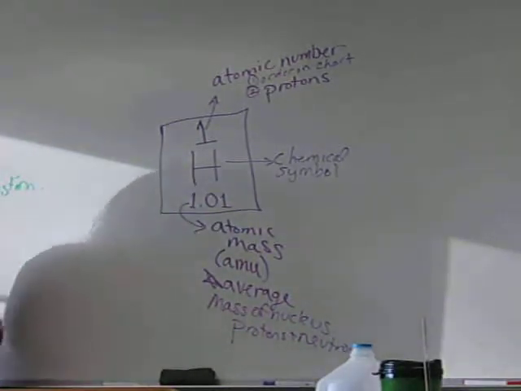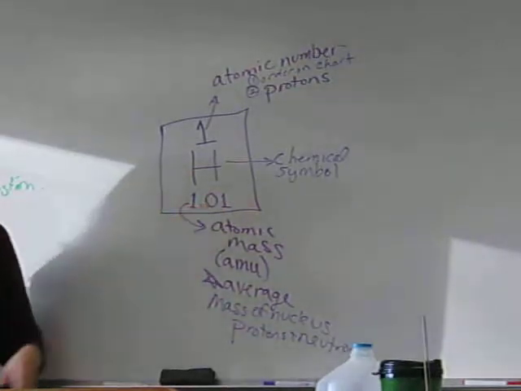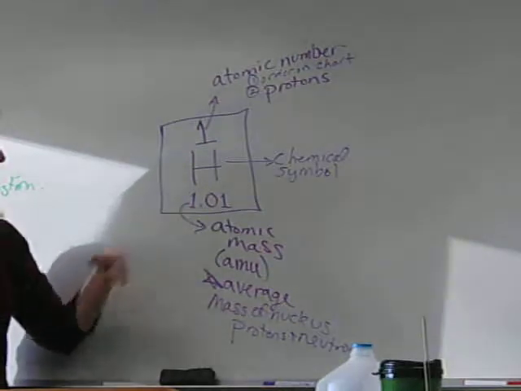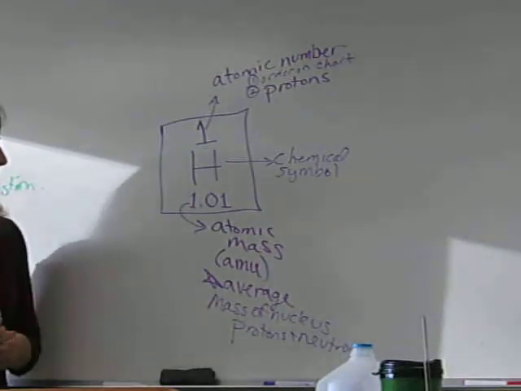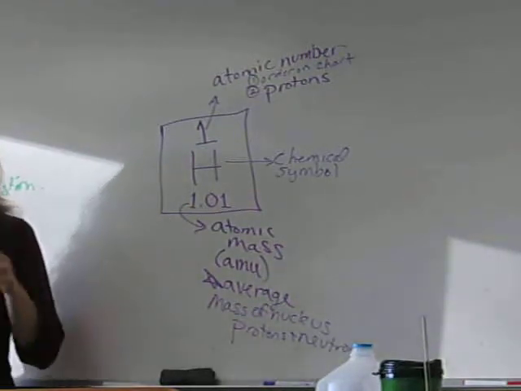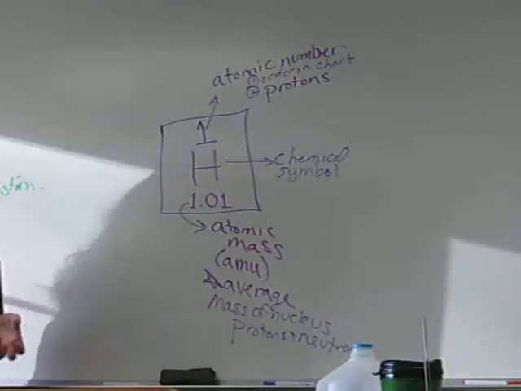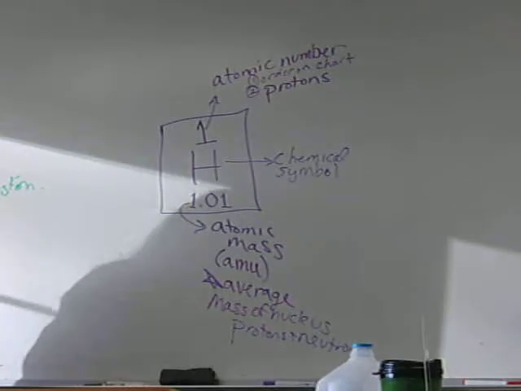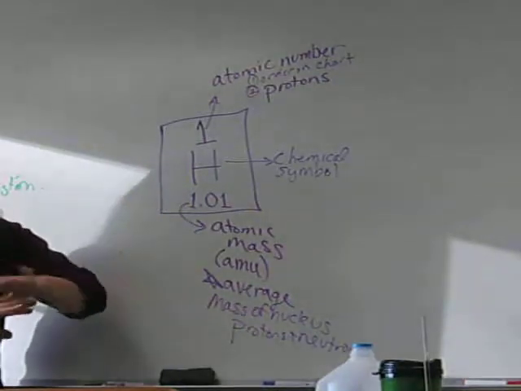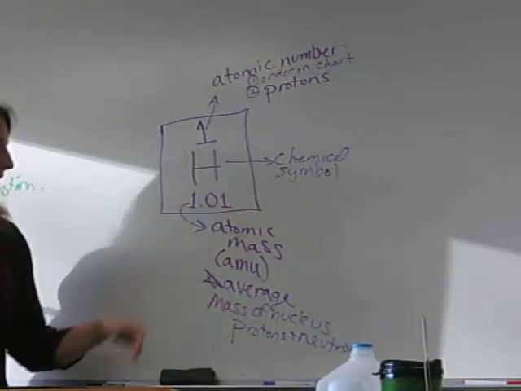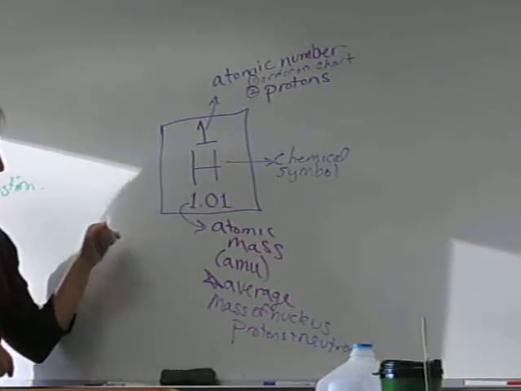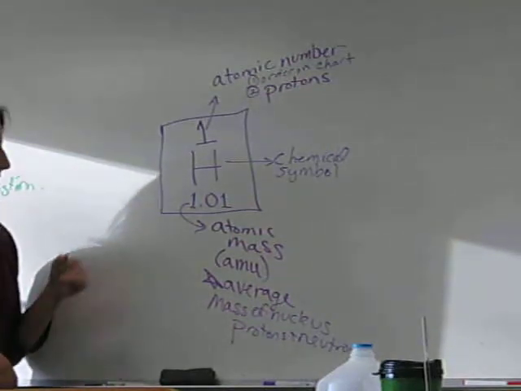On average, every hydrogen has a mass of 1.01. So if we have a large sample of hydrogen gas, we can bet that the average mass is going to be 1.01, because there are going to be a few of those guys with neutrons that throw off that perfect 1 mass. So that's where it comes from. It's just an average. Most of us have just 1 proton, some of us have a neutron, some of us have 2 neutrons.